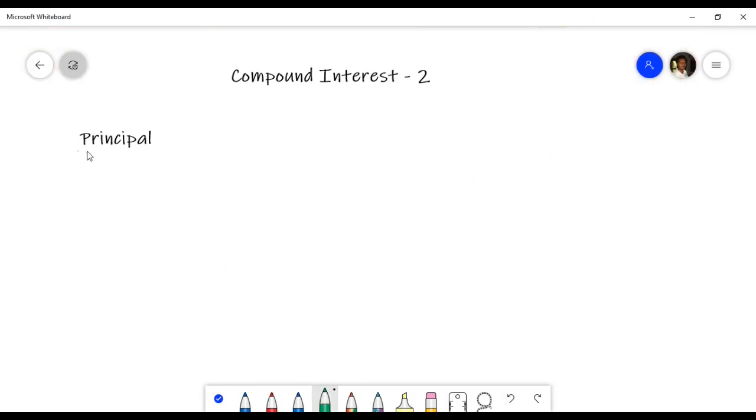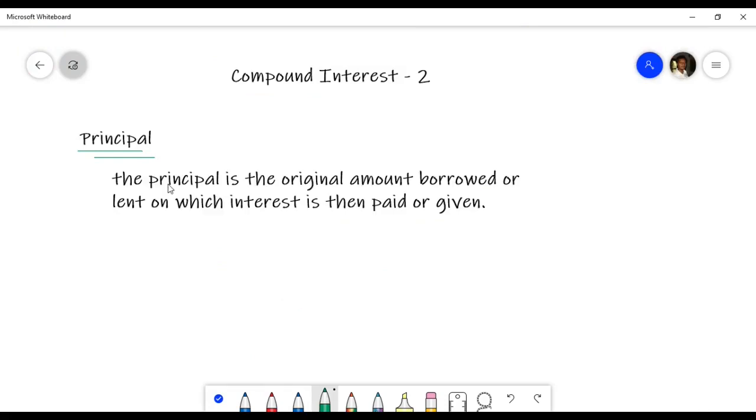Let us understand a few terms that we'll be using in compound interest. The principal is the original amount that is borrowed or lent, on which interest is then paid or given.